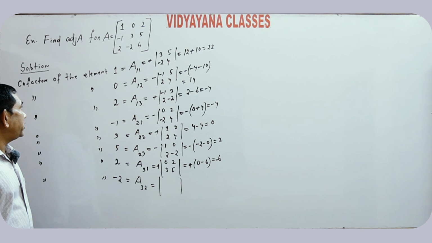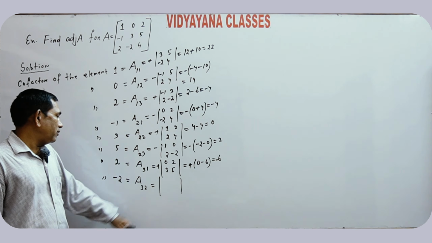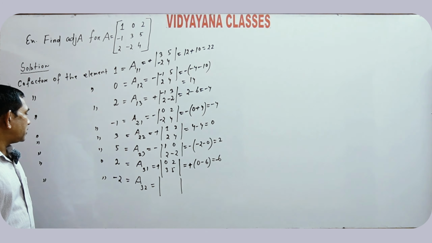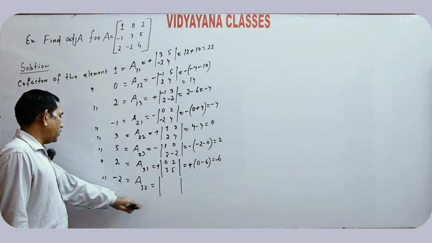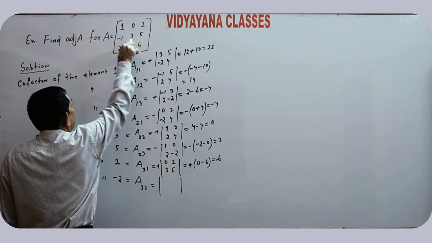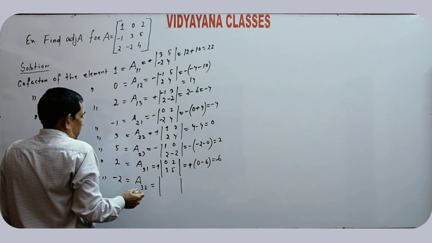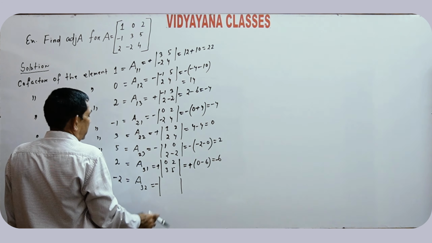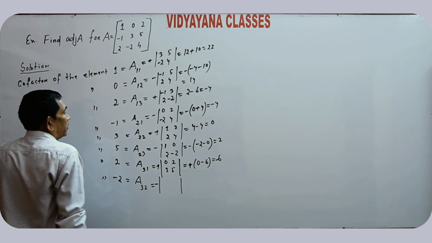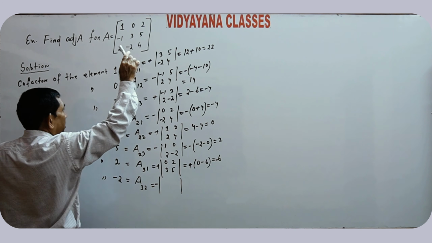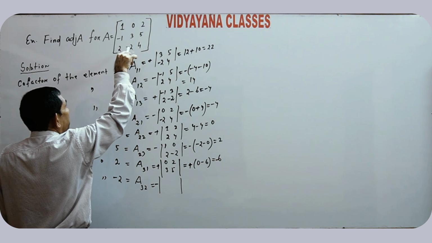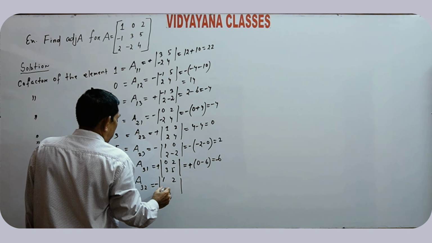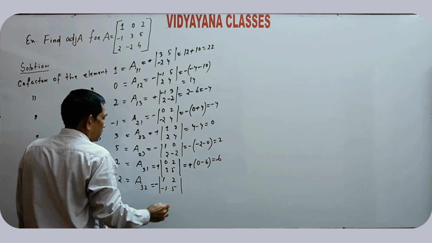A32, deleting the third row and second column. Negative of the determinant having elements 1, 2, minus 1, 5.